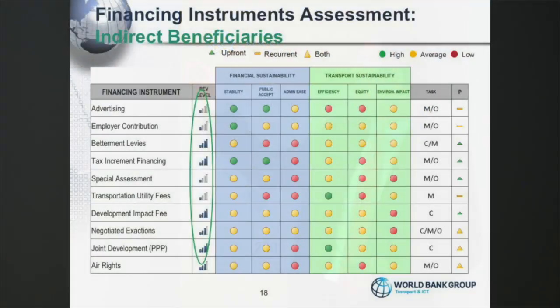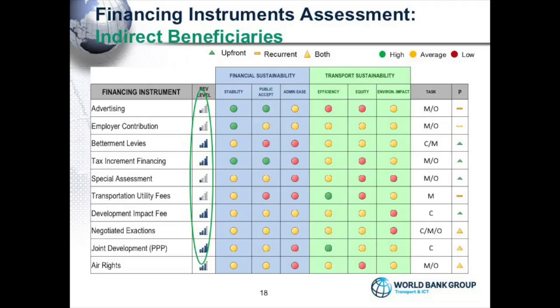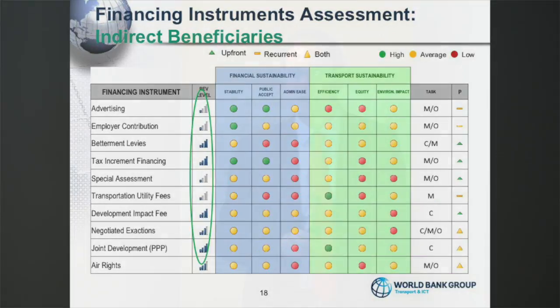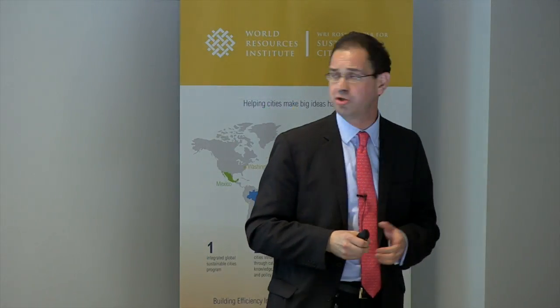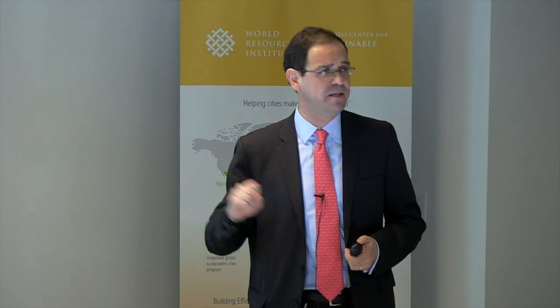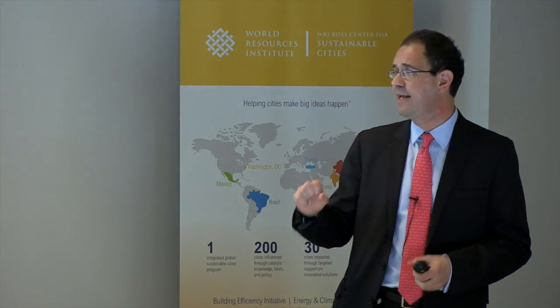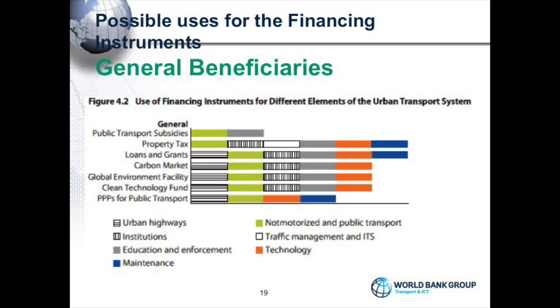And again, on the task, maintenance, operation, capital, so you see the different parts of the transport system. Here is another representation of what each financing mechanism can finance. So we divided the transport system in 7 parts, from urban highways, non-motorized and public transport, traffic management, and ITS. That's increasingly important.